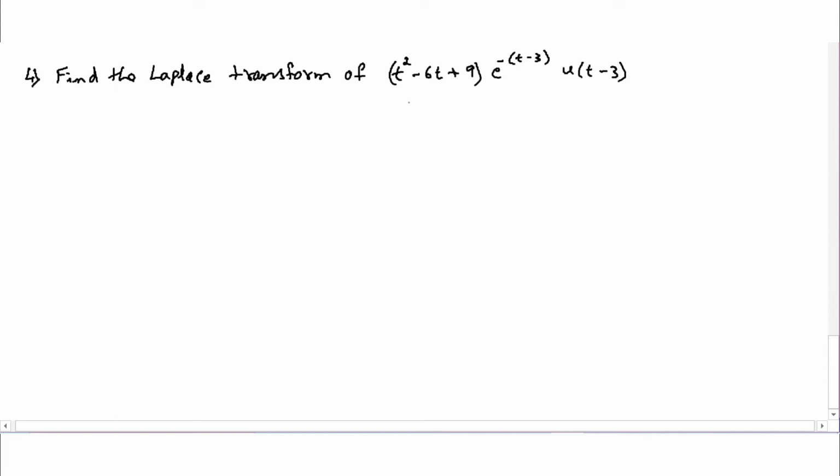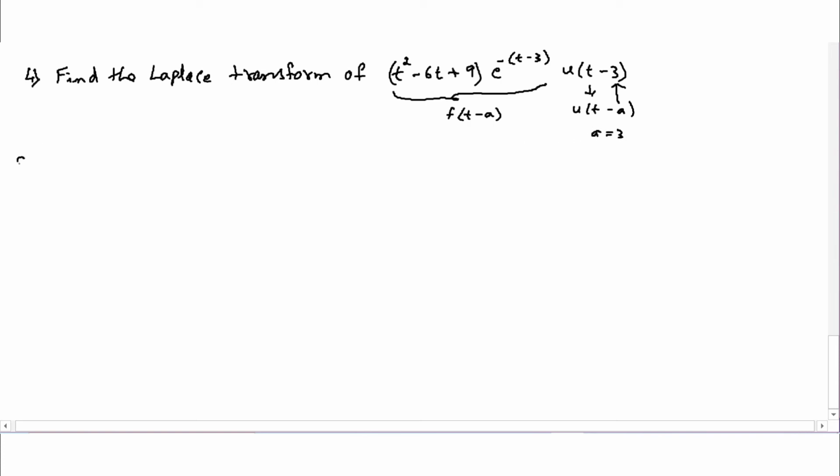So now if you try to observe this expression, the product of these two will give you f of t minus a, and this will be your u of t minus a. So if you try to observe, the value of a in this case is 3, a is 3.